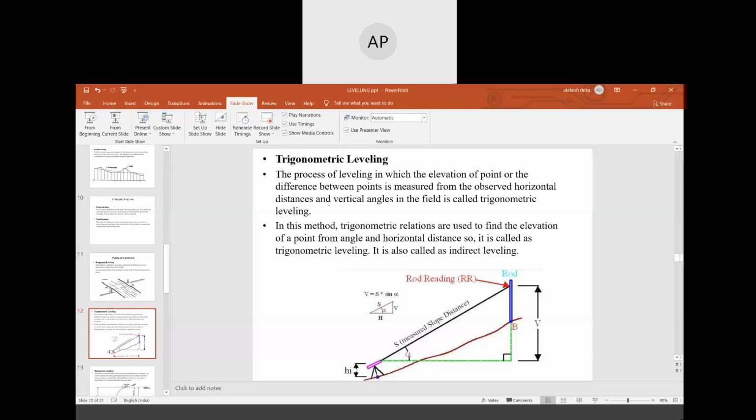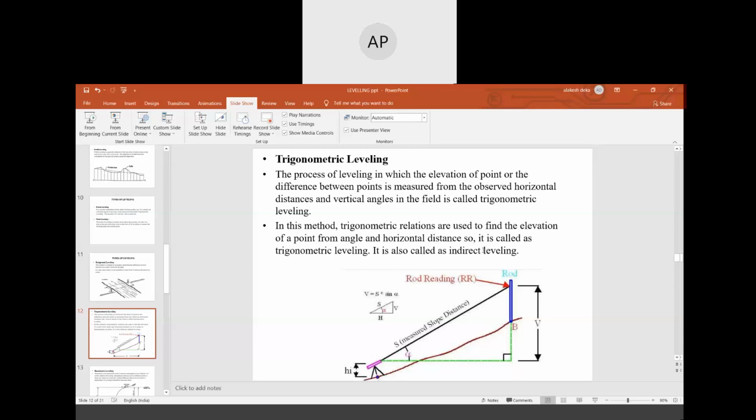In this method, trigonometric relations are used to find the elevation of a point from an angle and horizontal distance.